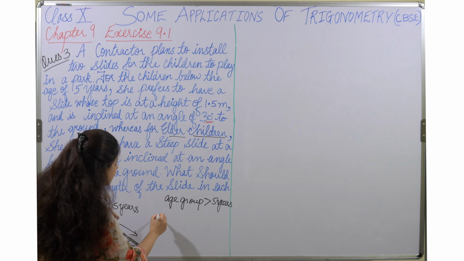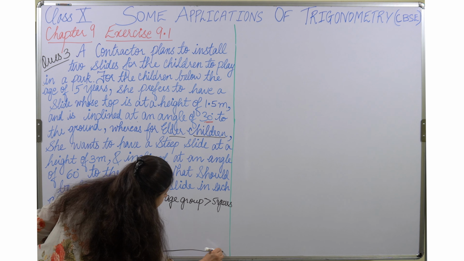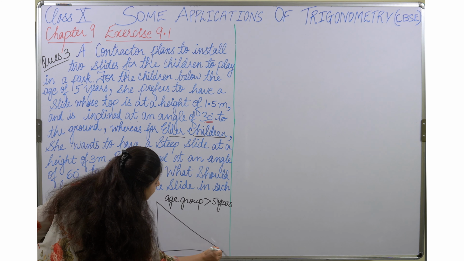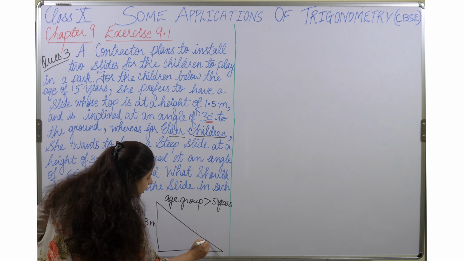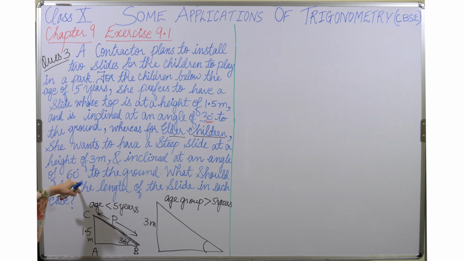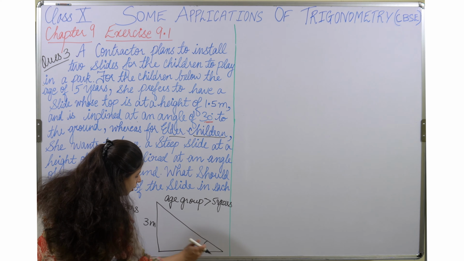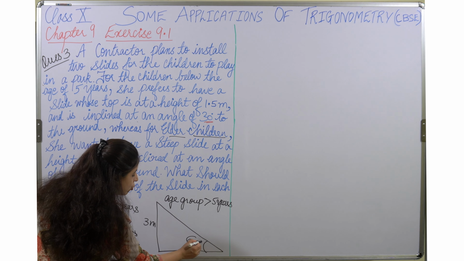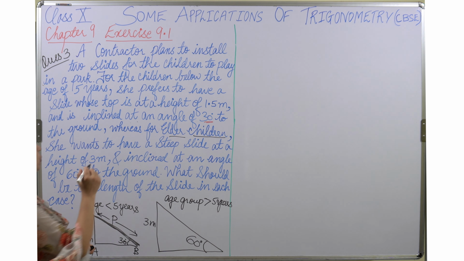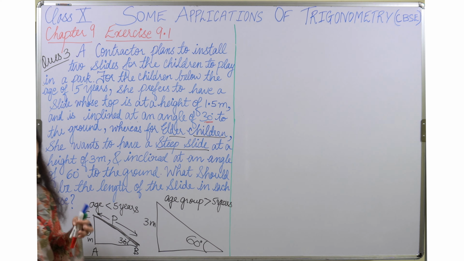For them, the slide had double the height, that is 3 meters, inclined at an angle to the ground. So this is the ground level, inclined at an angle of 60 degrees. The inclination is also 60 degrees because she wanted a steep slide.